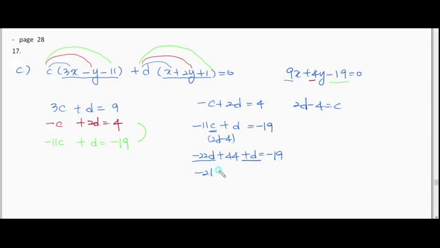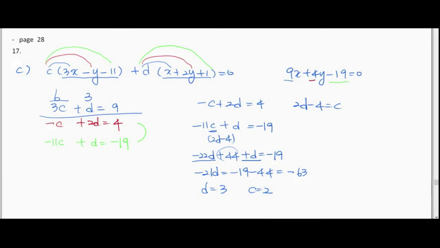Negative 22 and 1, then will be negative 21d equals, this goes over, that will be negative 19 minus 44. That equals negative 63. Now we can see that d is 3. And then we should substitute the d right here into the first equation to find c. So d is 3, this should be 6, so then c is 2.